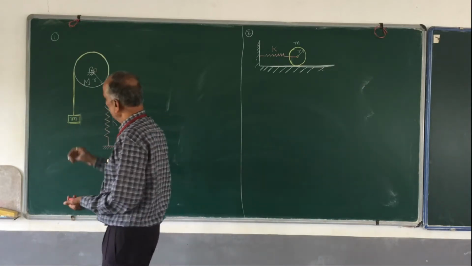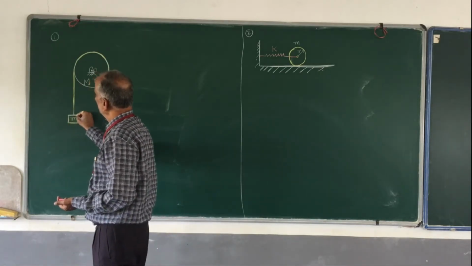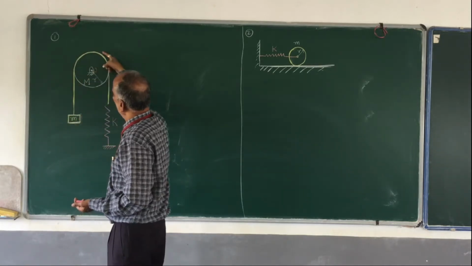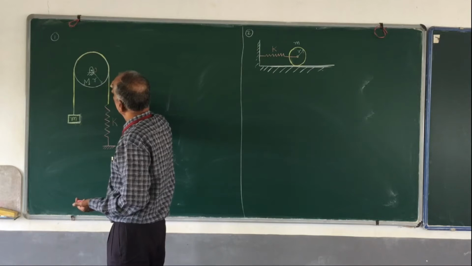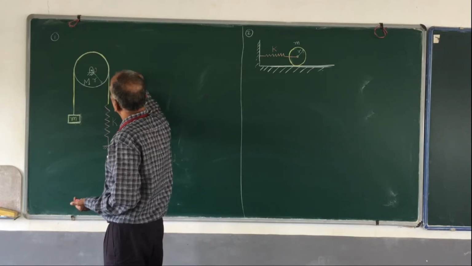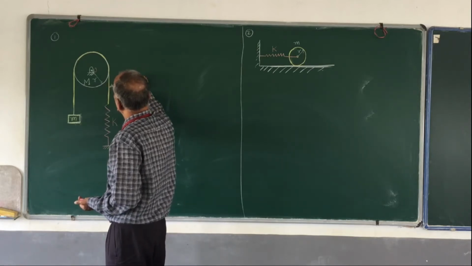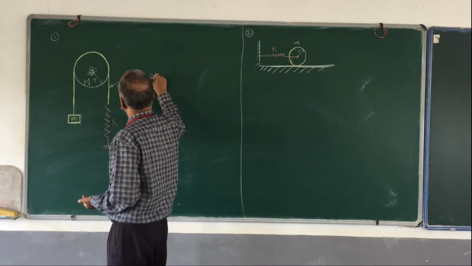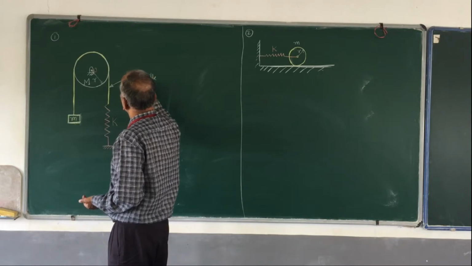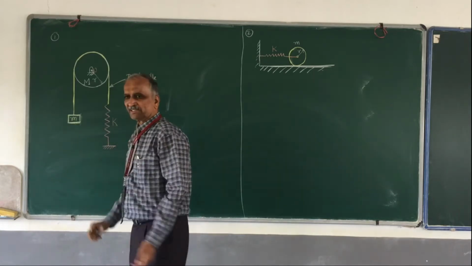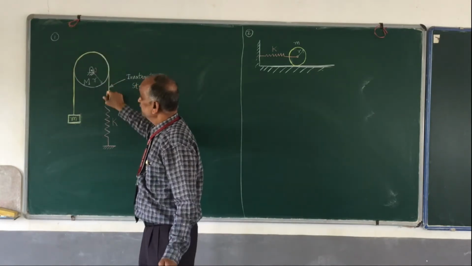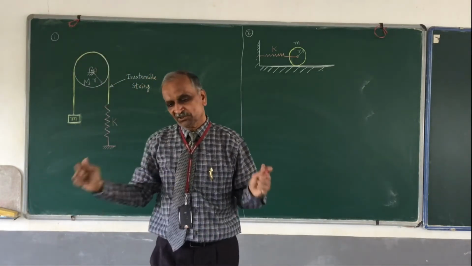Let me make it white. So here whatever has been shown in yellow, this is what I call an inextensible string, a belt-like thing which goes from here to here. This is inextensible. That means it is rigid.